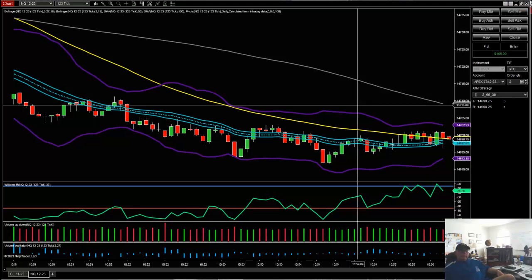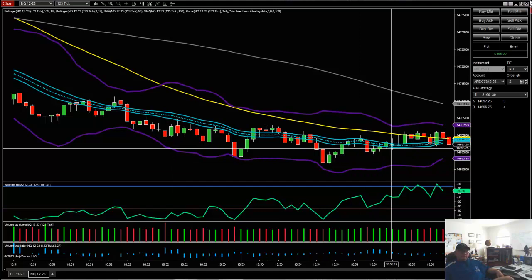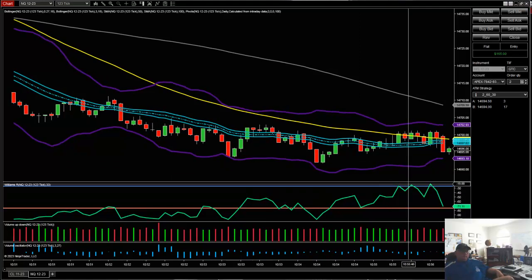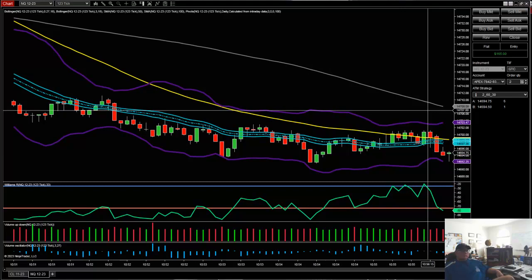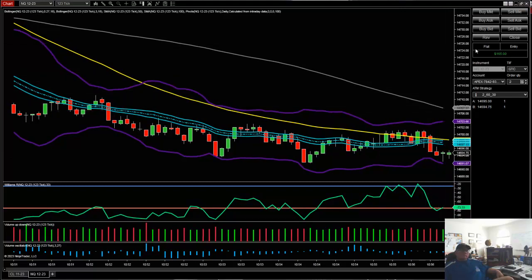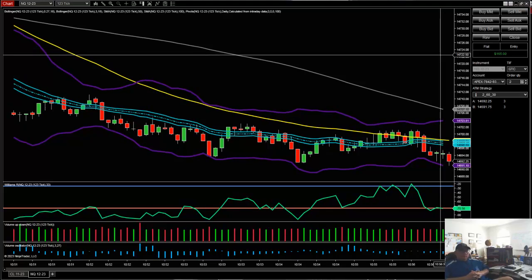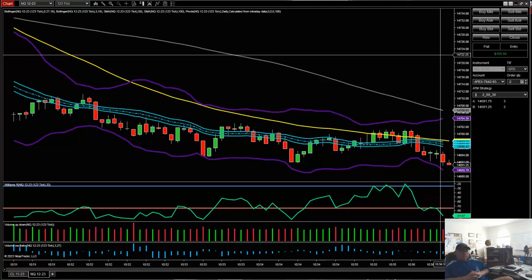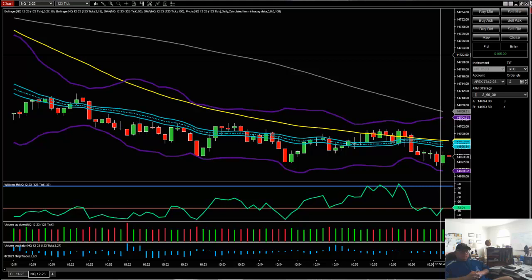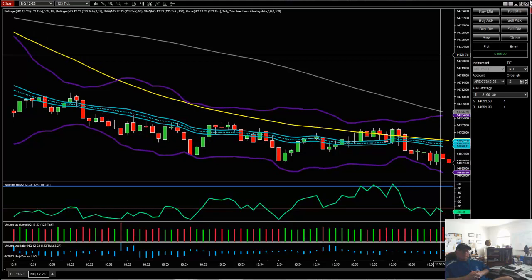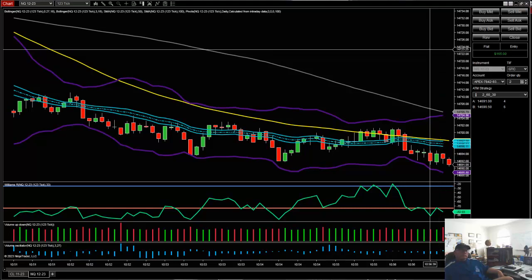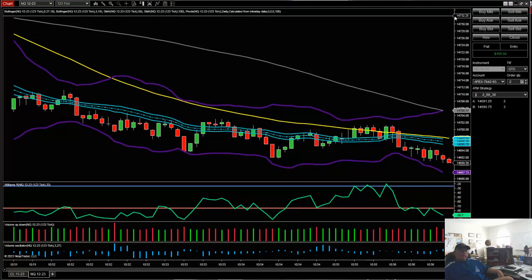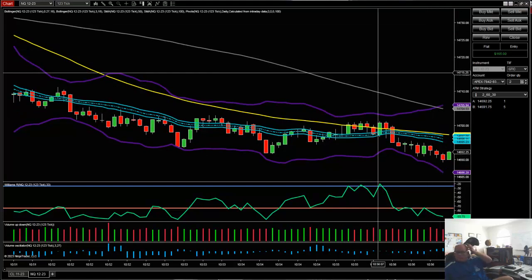Weak green bar though, so maybe I need to pay attention to that. Hate trading the lows down here.